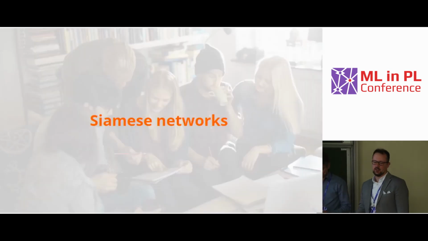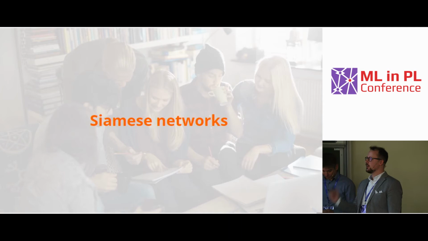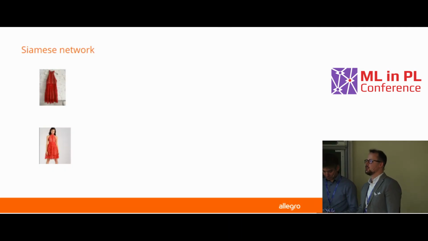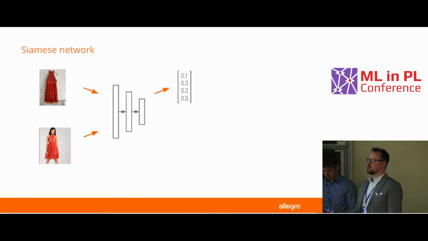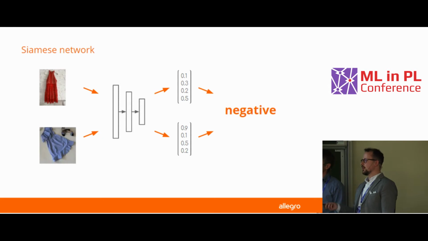We'll borrow the idea from the previous talk from Kalina and Piotr, and we'll start with Siamese networks. Just a quick recap. We start not with a single image, but with a pair of images. Then we pass them through our encoder. We get the embedding for the first image, for the second image, and we want to predict if that's the same item on the images, that would be the positive, or not, a negative. We'll call the former a positive pair and the latter a negative pair.